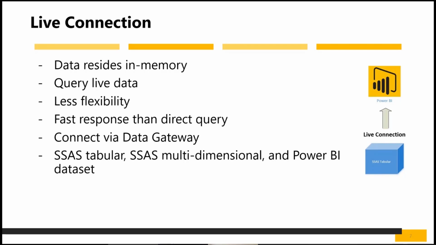In import, we are not referring to the live data, so we need a scheduler. Here we don't need the scheduler, because we are referring to the live data. This one is also fast because it resides in memory. I hope we have an understanding of the three connection types.